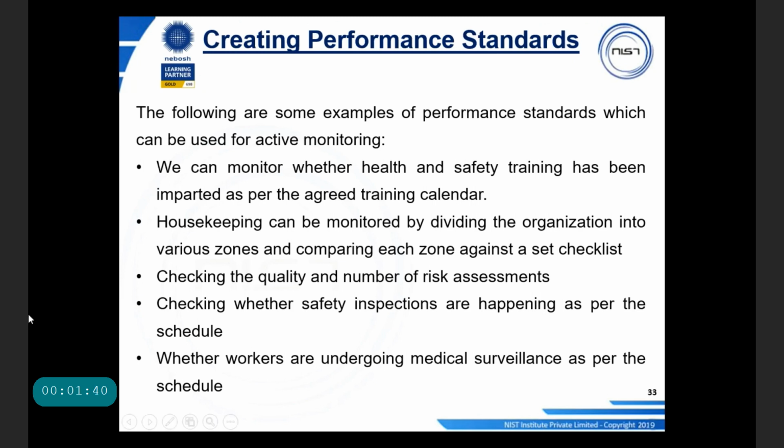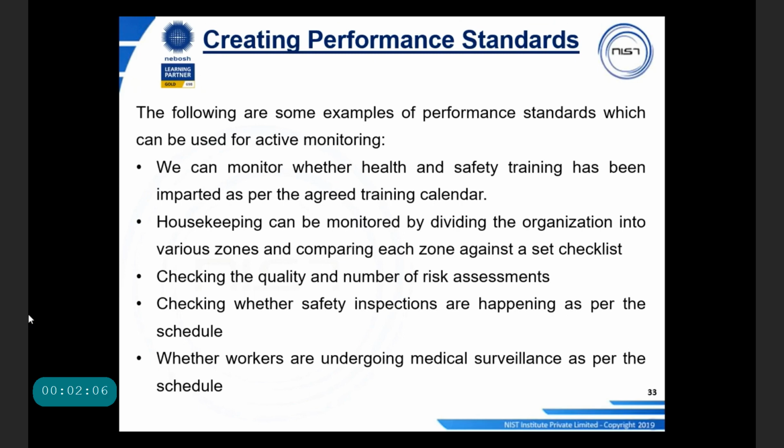So I was saying that inspection or audit or survey, these are all methods. Using these methods, what are you going to monitor? Some examples are given here. We can monitor health and safety training, whether it has been completed as per the agreed training calendar. So you're able to see whether what you have accepted to do in the training calendar has been completed.